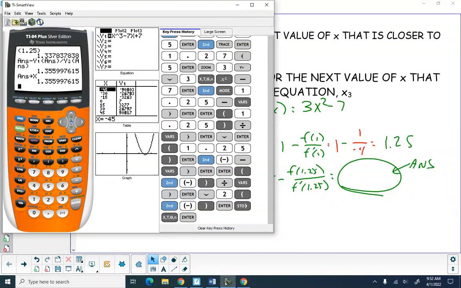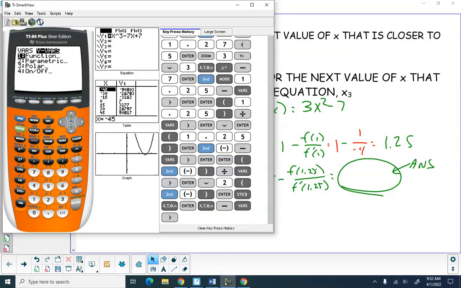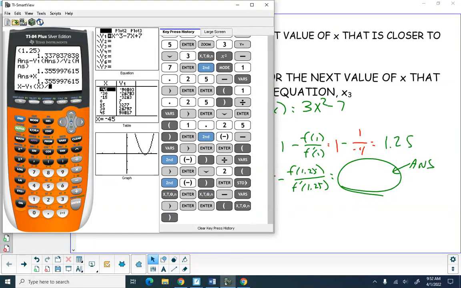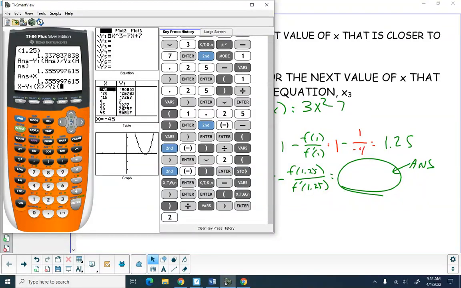So what we can do with this is go X minus, once again, vars, y vars, and we're going to get easier with this also, function y1 at X, divided by vars, y vars, function y2 at X.